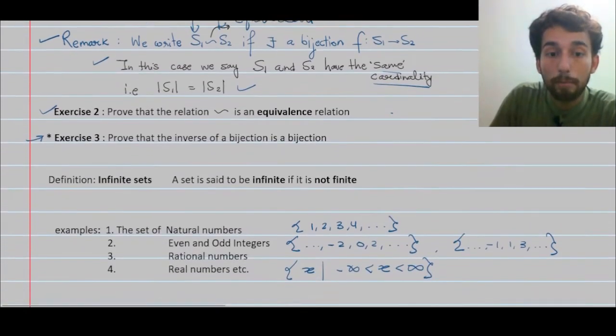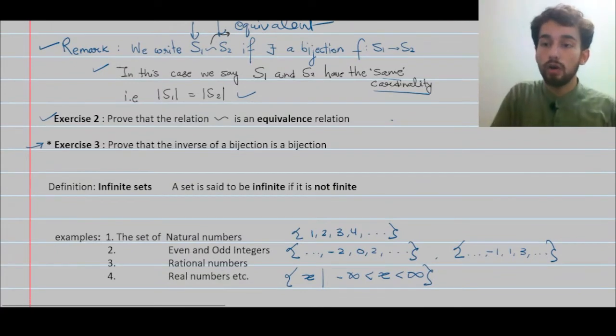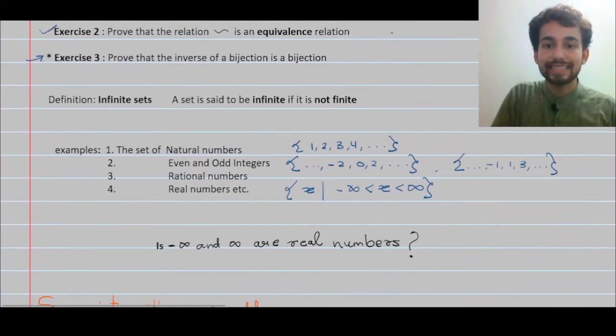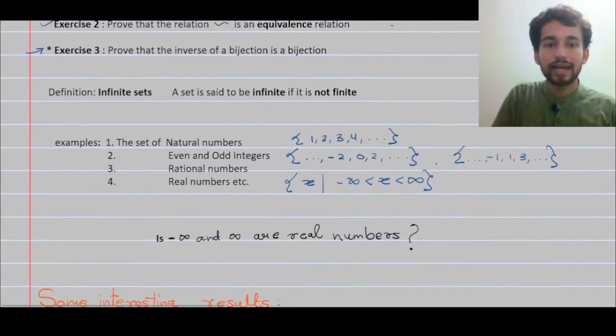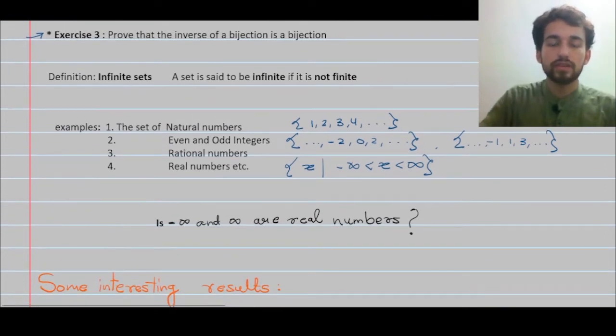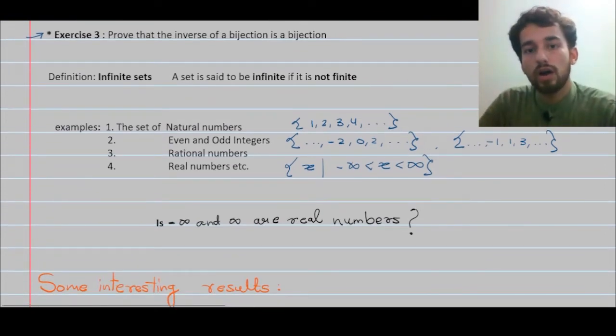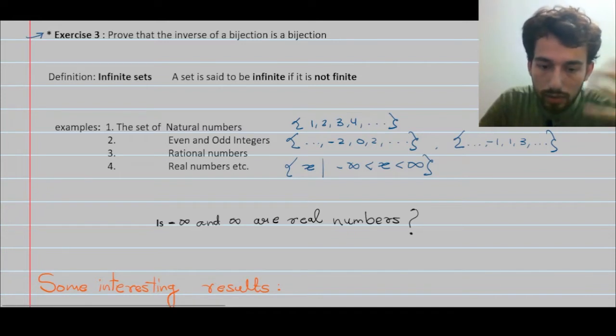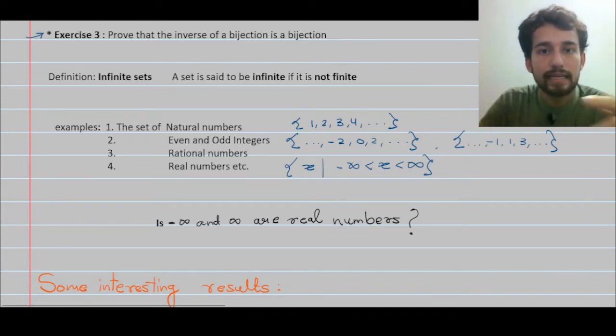Now let's move ahead to the notion of infinite sets. So we have defined what it means to be finite. Now a set is said to be infinite if it is not finite, that is, it violates those conditions for finiteness.